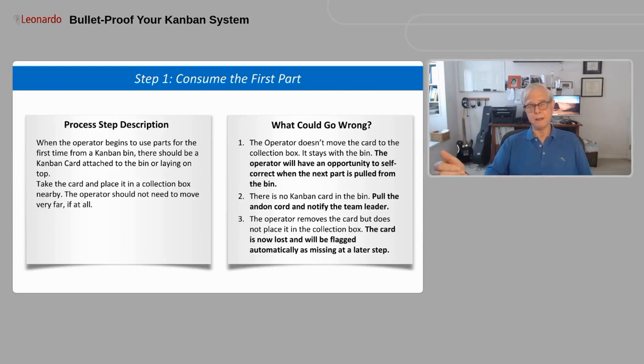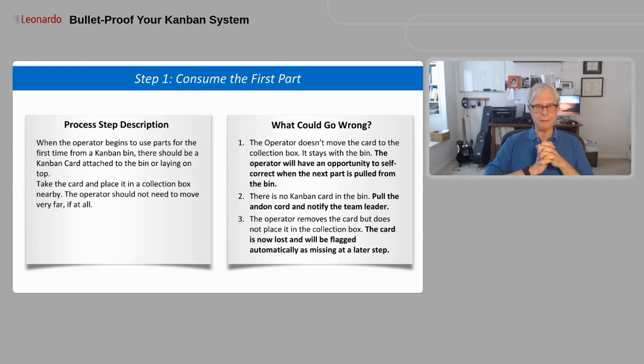If there's no card, there's no signal, and that bin will not be signaled for refilling. So we don't want the operator to be distracted, but that is an issue that needs to be fixed. So typically the team leader would communicate that to production control, who's printing the Kanban cards, and that card would need to be put in there. Now, where's that card? Who knows, right? Could be on a floor somewhere, in a trash can, who knows? Don't really care, but we need to have a card as a signal recreated or regenerated.